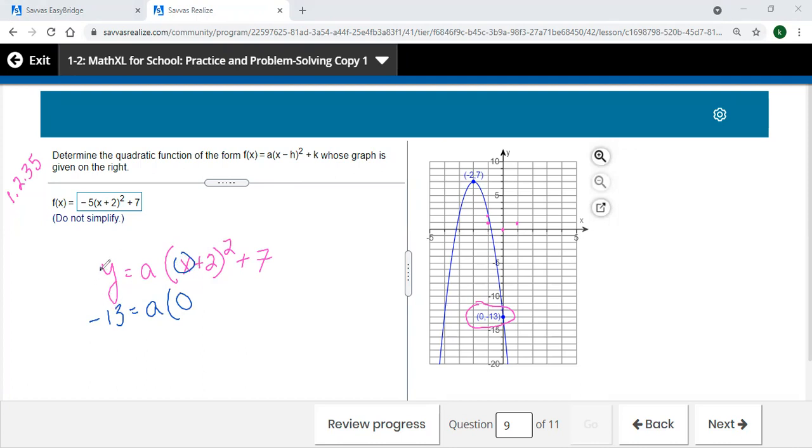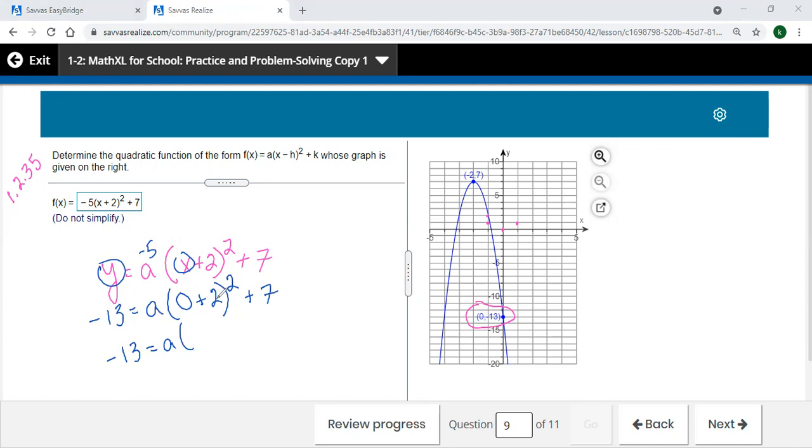I put that -13 in for that y. And then now the only variable I have left is a. Now remember, from what I said, looking at this normal growth of being 1, I think it's a 5. I think it's going to be a -5, but algebraically to check to be sure, you can use this method with an equation. So I've got -13.